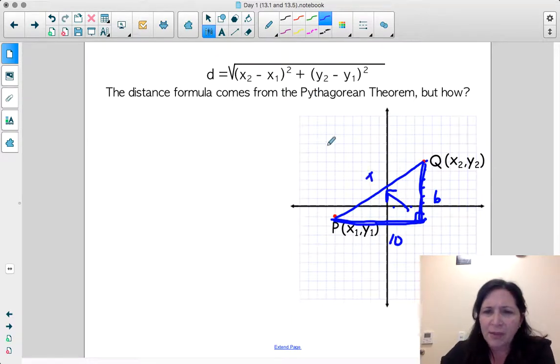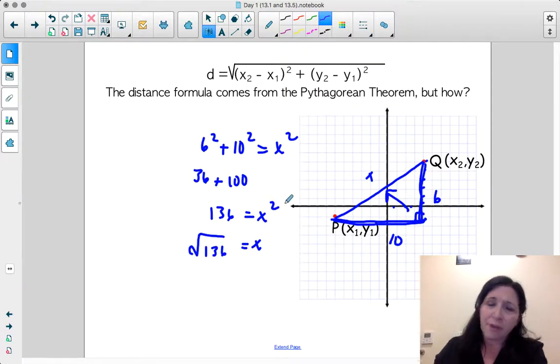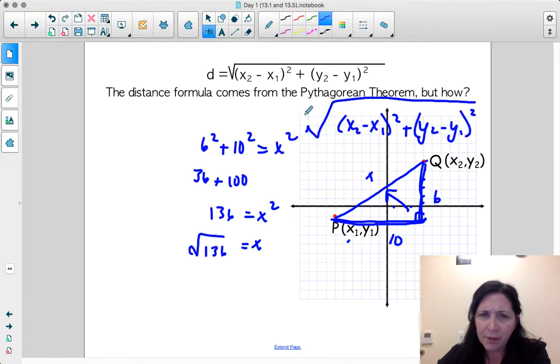So to find this side right here, we would say 6 squared plus 10 squared is equal to the hypotenuse squared, which would be 36 plus 100, which is 136, is equal to x squared. So x is equal to the square root of 136. Another way of finding this is just to use the distance formula, which is x sub 2 minus x sub 1, quantity squared, plus y sub 2 minus y sub 1, quantity squared, and the square root of that is the distance.